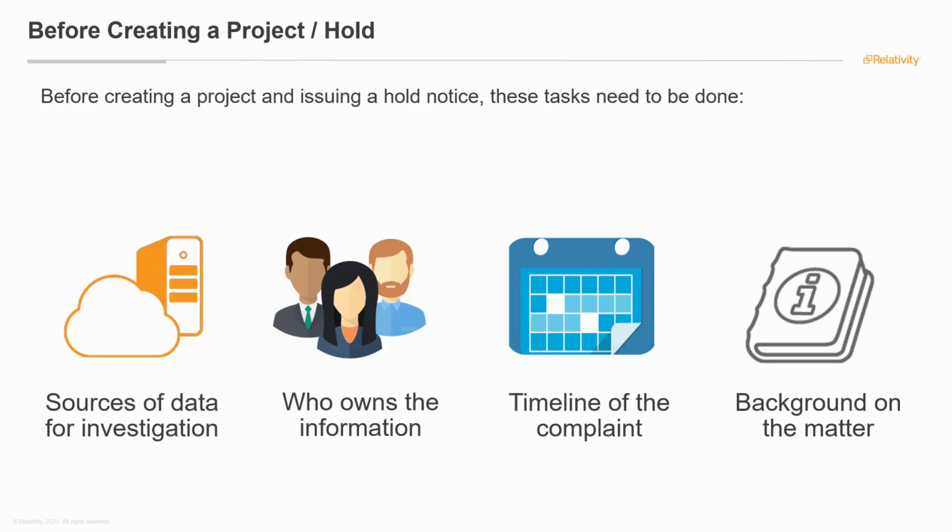We would also need to understand the timeline of the complaint and gather any background information on the case. These last two pieces are typically important for crafting the hold notice that will eventually go out to our custodians and inform them of their obligation to preserve their data, to provide them with that background and timeline.